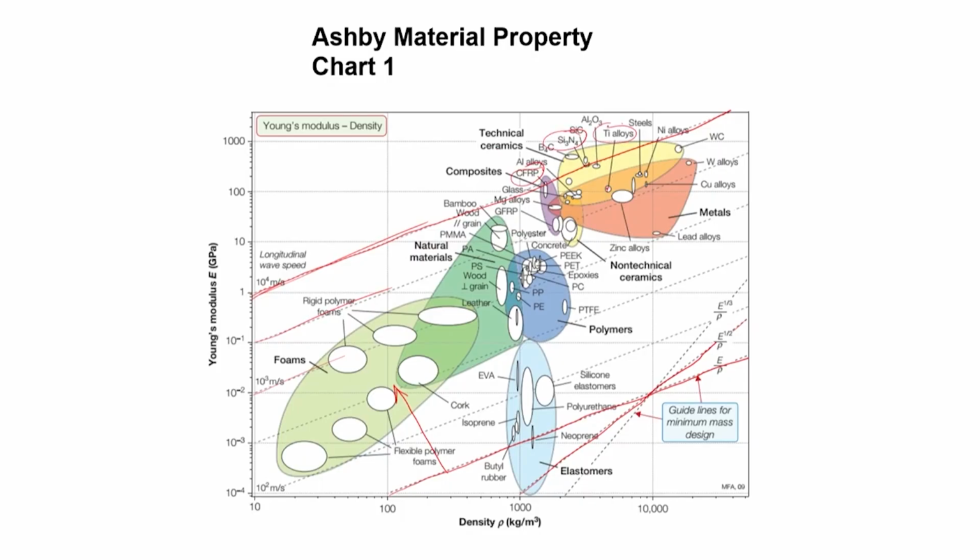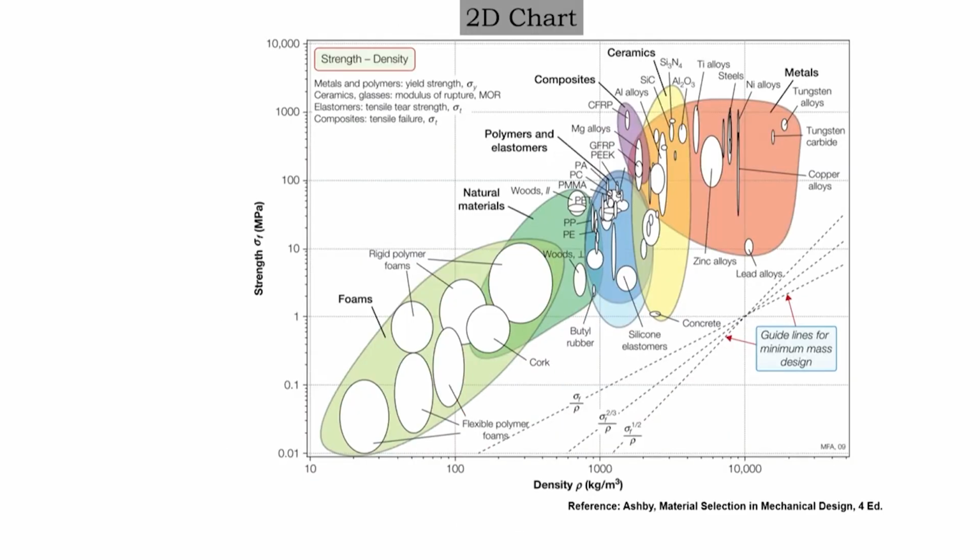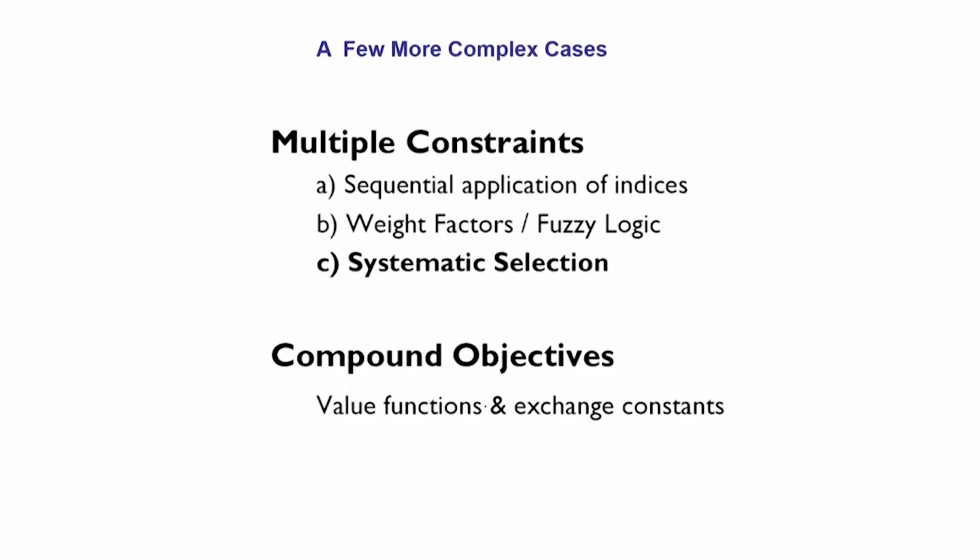So, Al2O3 ceramics mostly would not come. That is the way you can use Ashby's chart, and it is not only for modulus of elasticity, but also for strength over density. You can use this chart if you want to maximize the strength, once again corresponding to different types of slopes. You can draw that, and then you can actually utilize it.